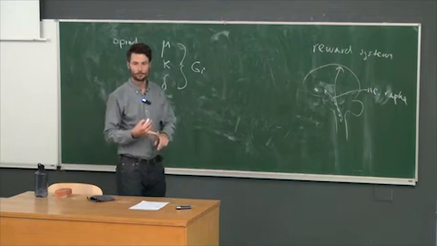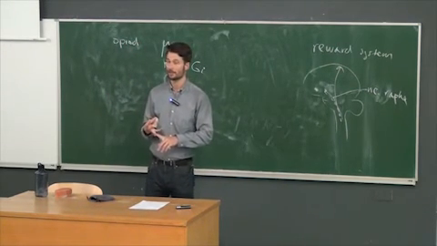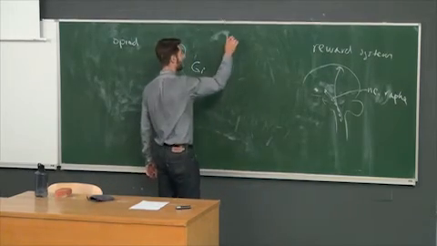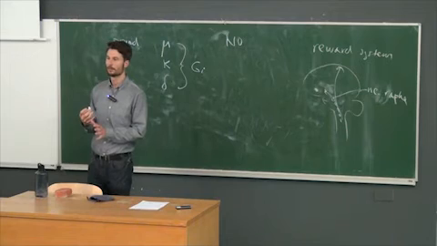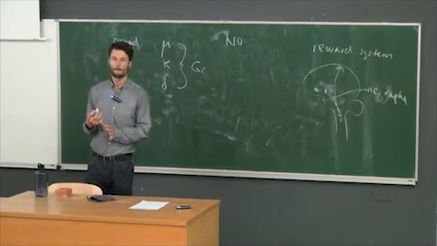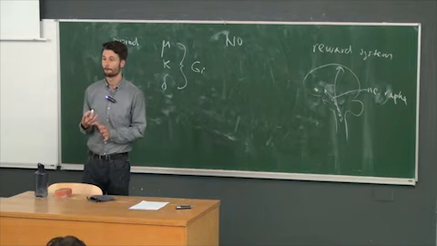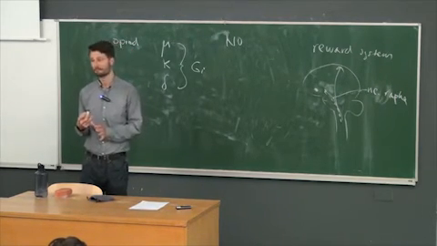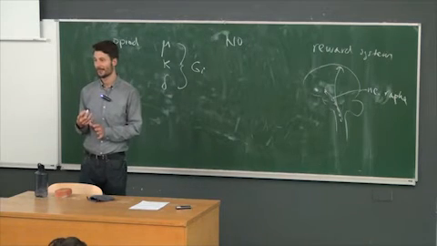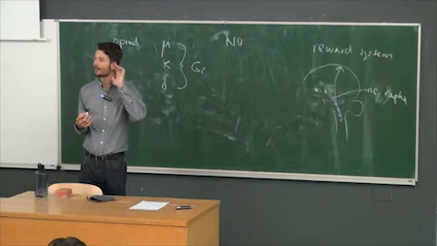And the final receptor that I want to talk about is the receptor for nitric oxide, and you probably already know that. So what is the receptor for nitric oxide? Isn't it a Gs coupled receptor?